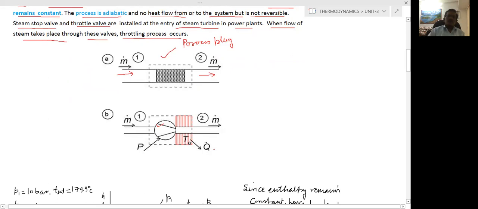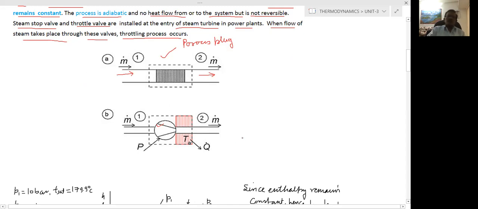Particularly in the case of steam, when it is allowed to pass through a restricted passage, it has an application to find the dryness fraction or quality of the steam. When wet steam is allowed to pass through a restricted passage, the wet steam is converted to superheated steam, and then this process is useful to find the dryness fraction.